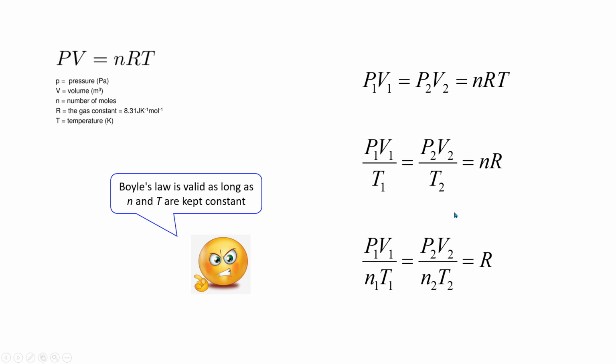So maybe the better way to write this equation would have been P1 V1 over N1 T1 is equal to P2 V2 over N2 T2, where I calculate the number of moles of gas in the initial condition and the number of moles of gas in the later condition, and then I fit in the values of pressure and volume, then this equation is valid. Okay, so I am glad that we were able to figure out why Boyle's law was not valid in the scenario we considered.